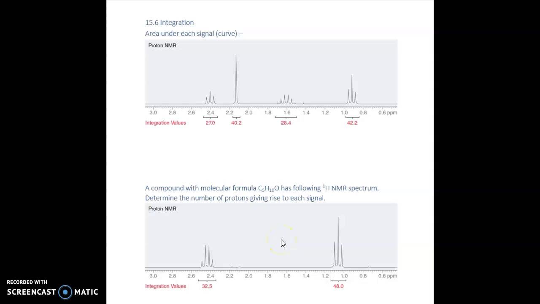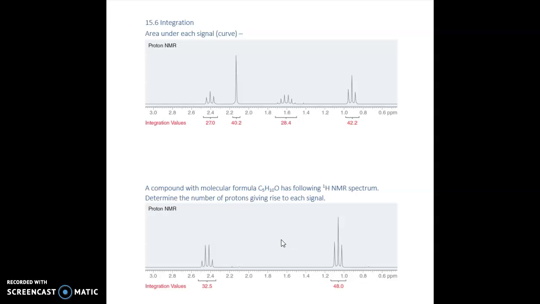Okay, so we've looked at how many signals we get, and then we looked at where those signals could be found on the graph. Now we're going to look at what the area under each signal tells us.